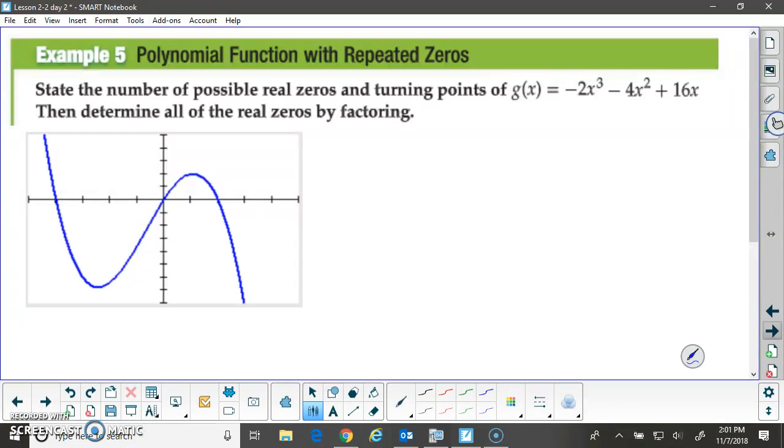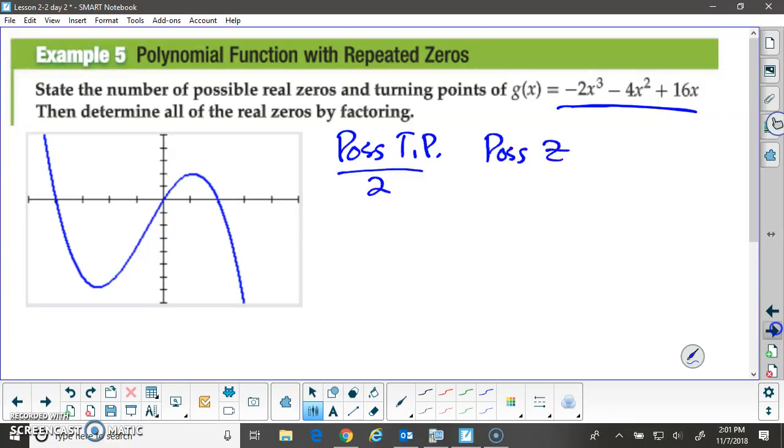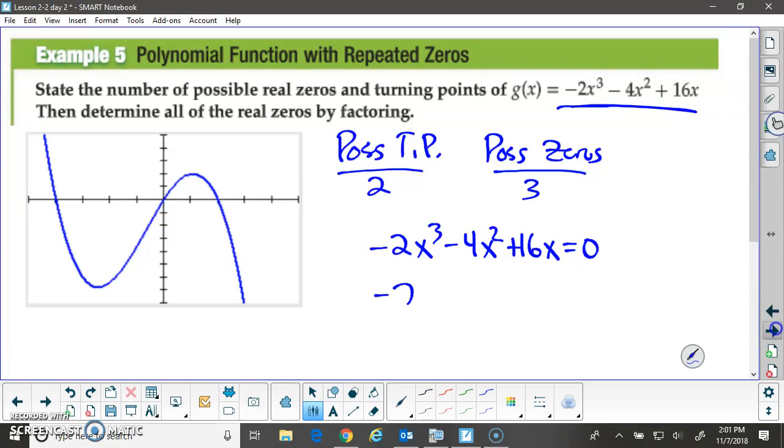So one more example of the same kind of problem. You can see here we got a 3rd degree polynomial, so the number of possible turning points is going to be 1 less than the degree. Number of possible zeros is equal to the degree. And now if we try to find the zeros by factoring, set the equation equal to 0, we could take out a negative 2x.